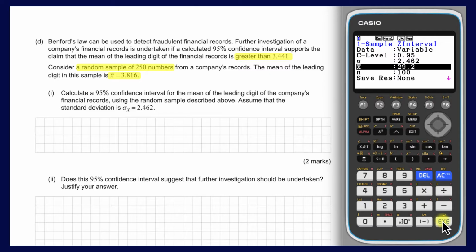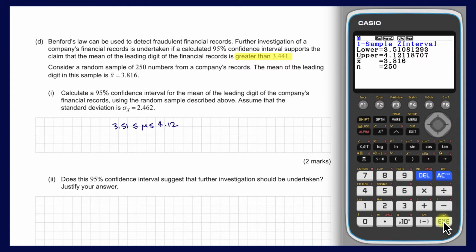And the x bar, the mean of the sample, will be 3.816, and the sample size was 250. And we have our confidence interval there as between 3.51 and 4.12.